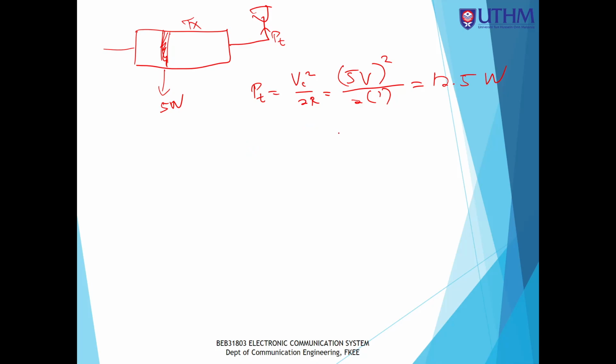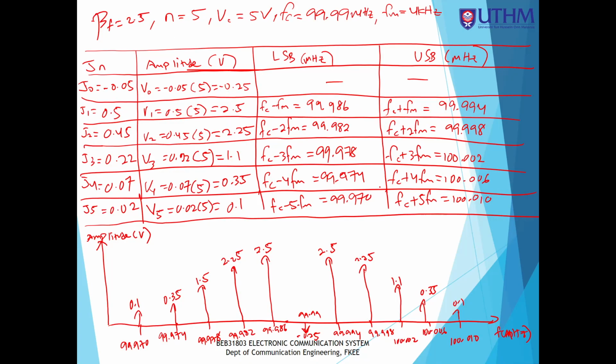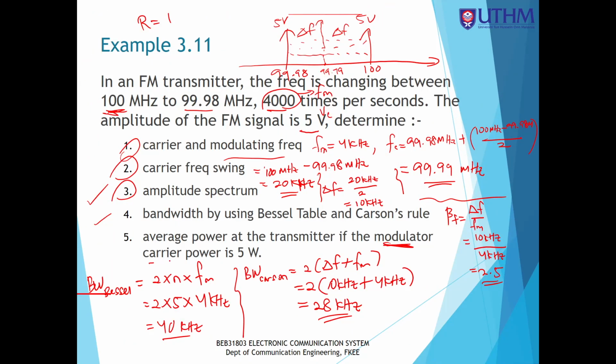Therefore we can write that P transmitter, which is the remaining power in the transmitter, is equal to P total minus P modulator. P modulator is the carrier power produced by the modulator, which is stated in the question: modulator carrier power 5 watt.